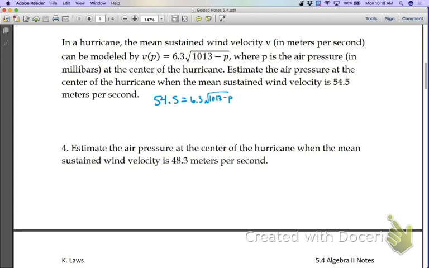Does that make sense? So even though you're going to have about 8.6508 equal to the square root of 1013 minus P, I would leave the number that you have in your calculator, and then I would just hit the squared button, because it should keep your answer as you go.